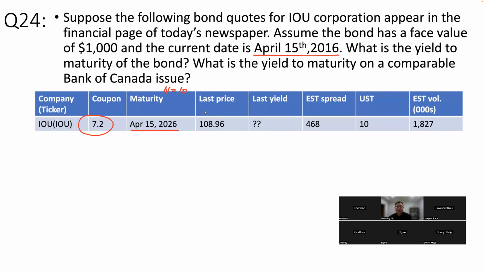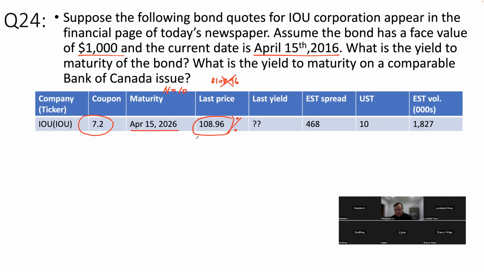Okay, and the price is 108.96. What does this mean? It doesn't mean that the price is $108.96. Okay, this number represents a percentage of the face value. So the face value is 1,000, and here the price is 108.96.